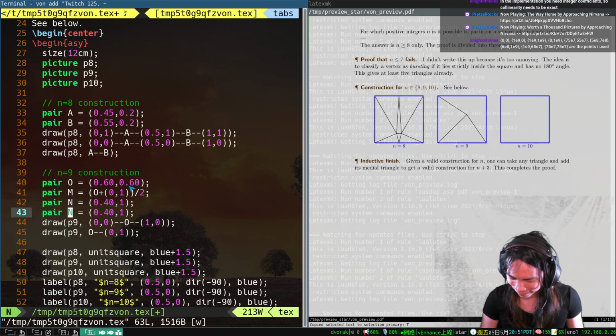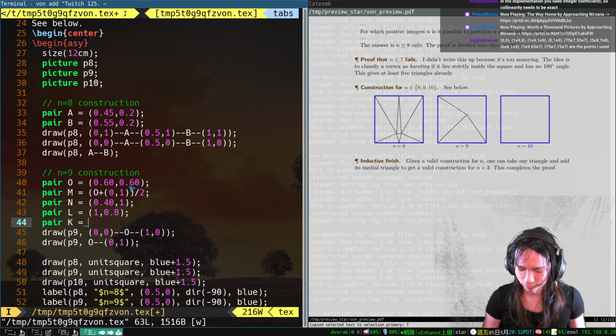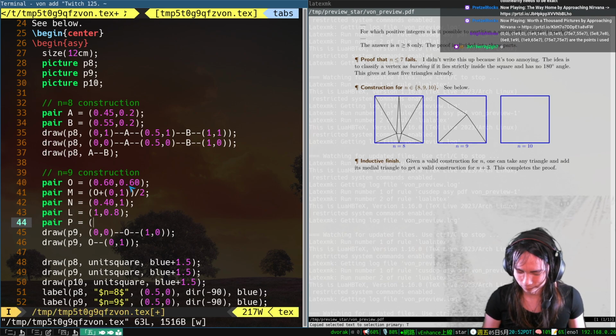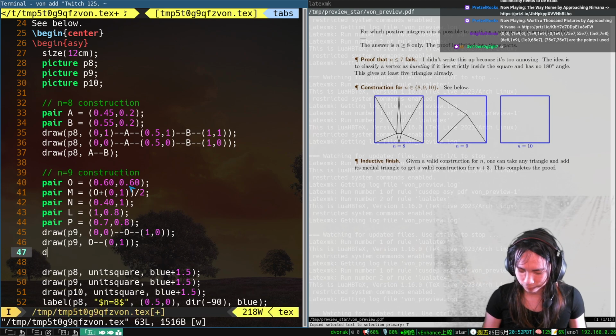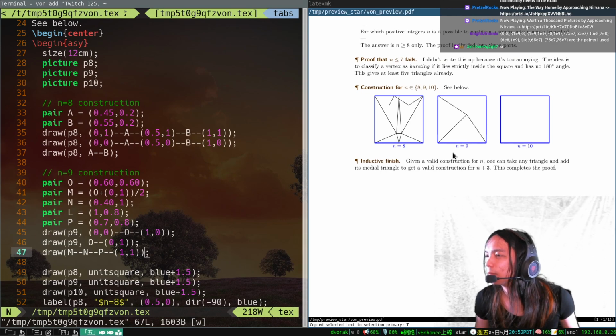Thanks. 0.8. I'm just making up random numbers at this point, aren't I? Shit.